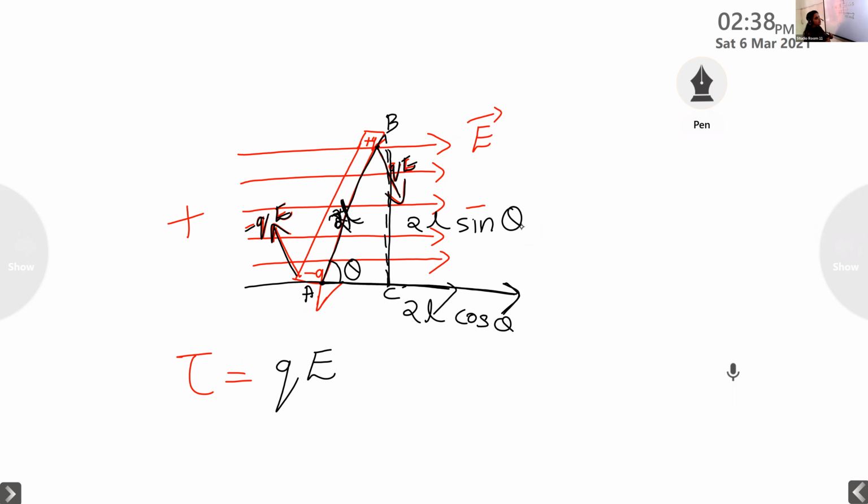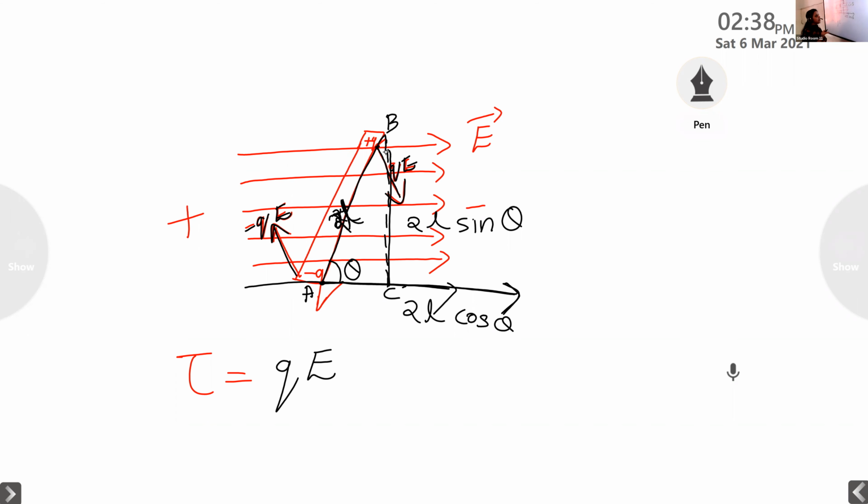But we want to find the perpendicular distance. For this, we consider the angle theta made by the electric dipole and the field. By joining this line, we form a triangle ABC.